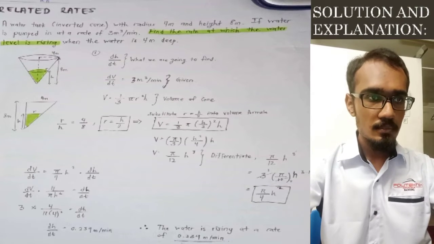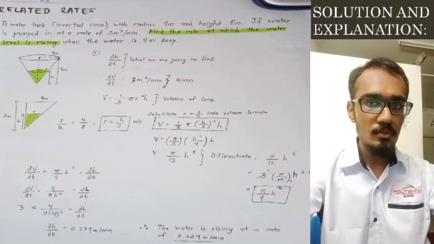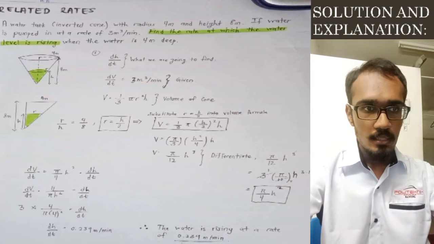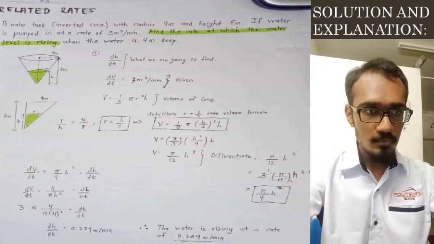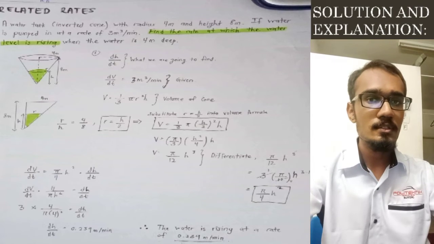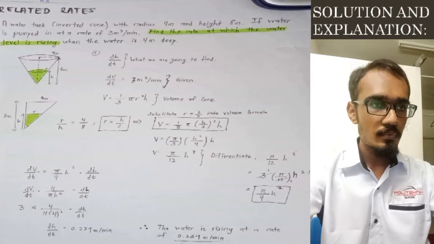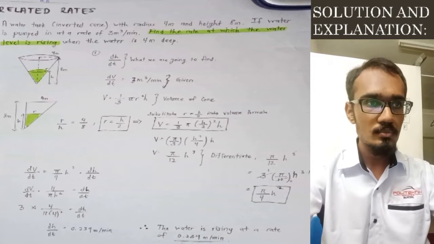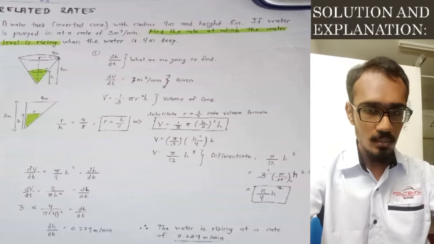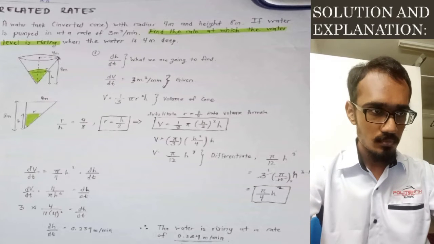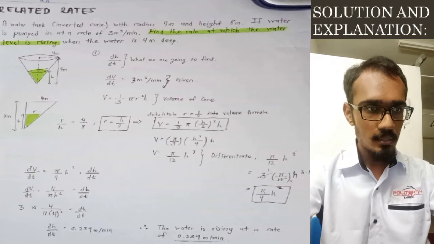So from this question, we are going to find dH over dt, and dV over dt is already given, which is 3 meter cubed per minute. We already know the formula of the volume of a cone, which is 1 over 3 pi r squared h. Now from the small triangle that we have drawn, we make a small equation, r over h equals 4 over 8.